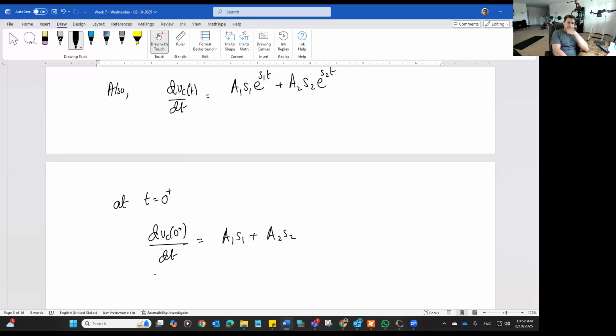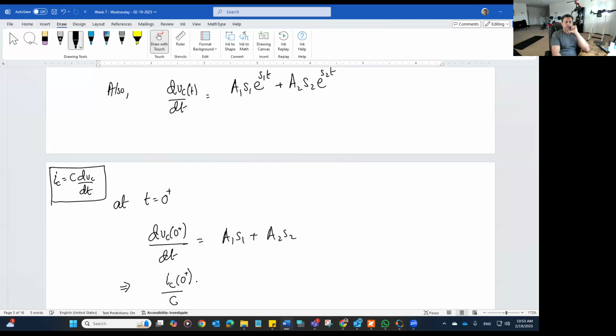IC is equal to C dVc over dt. So dVc over dt is IC over C, and we are evaluating the current at 0 positive.